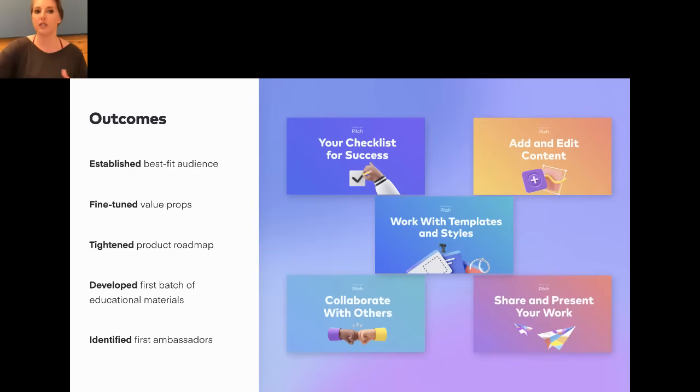And then we started to identify some of our initial advocates that we could call on to review early product prototypes or designs, give feedback on education materials we were developing, and just help us better hone in on who we thought would be our most successful users early on.